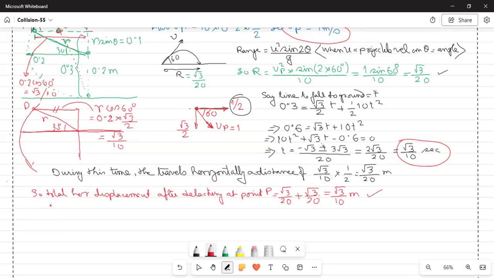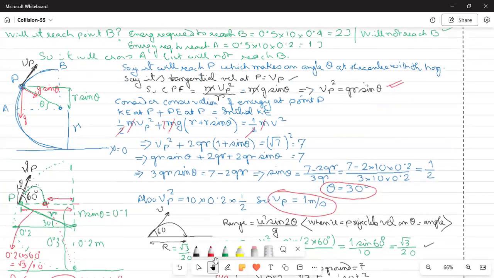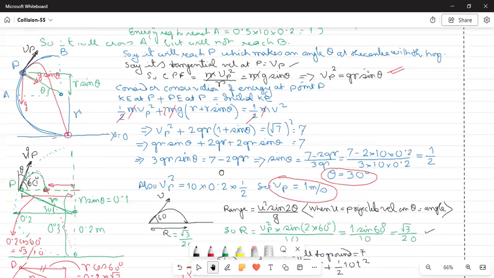So what will happen? Coming to the original picture, from here the projectile will fly and come back to the same point here, from where the semicircular movement started.